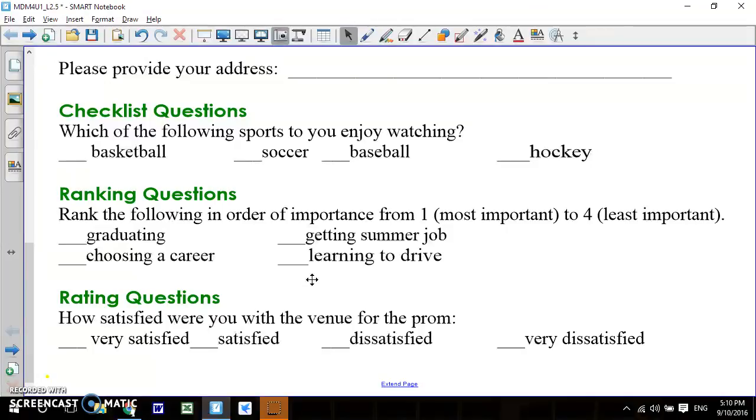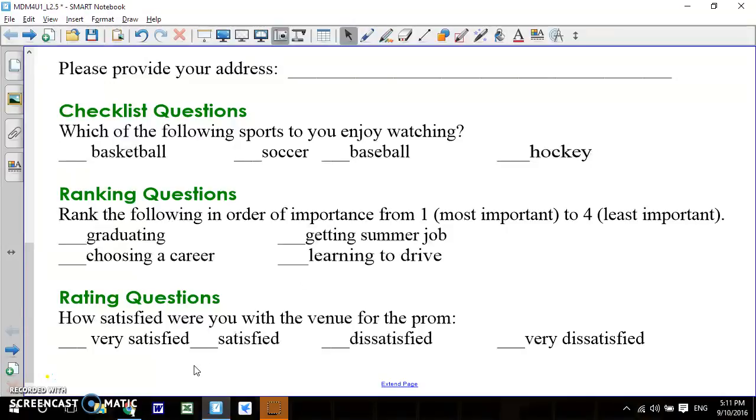And then rating question, which sometimes looks similar to ranking questions, is the ones that ask you to actually just pick one response rather than ordering everything, even though it seems like there is an order to rating questions. How satisfied are you with the venue of the prom? Very satisfied, satisfied, dissatisfied, very dissatisfied.